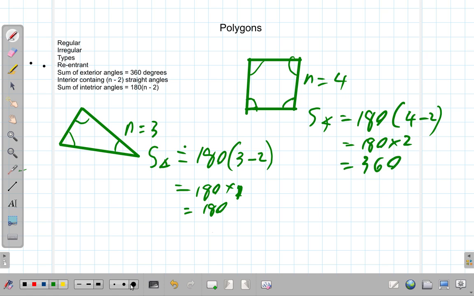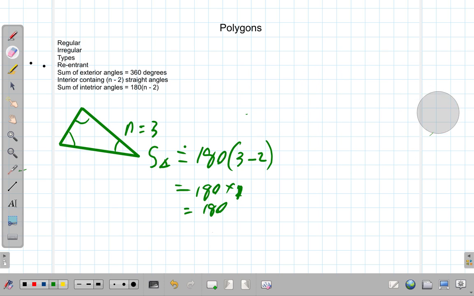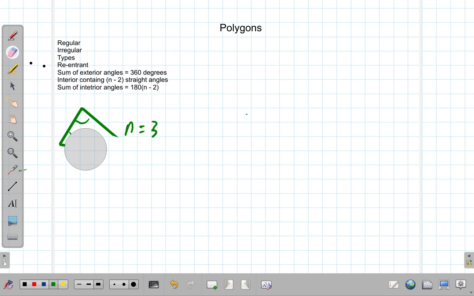Now let us try it with a 5-sided figure. Remember what the name of the 5-sided figure is? It's a pentagon. In the USA there is that building they call the Pentagon.